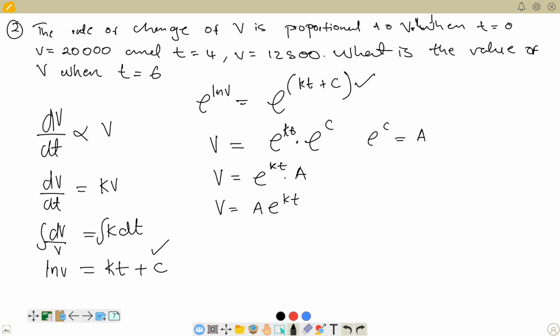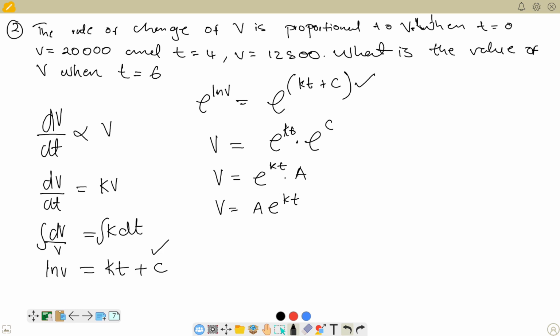So they are saying that when t is 0, v is 20,000. We need to find the value of a and the value of k in order to find the value of v at the end.